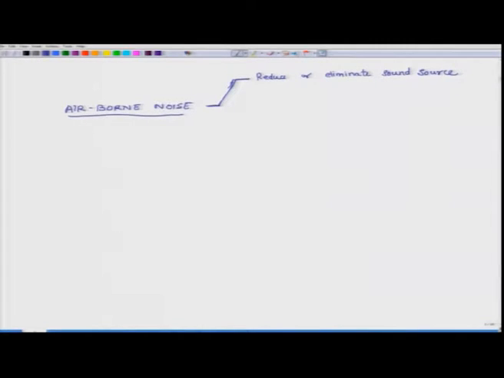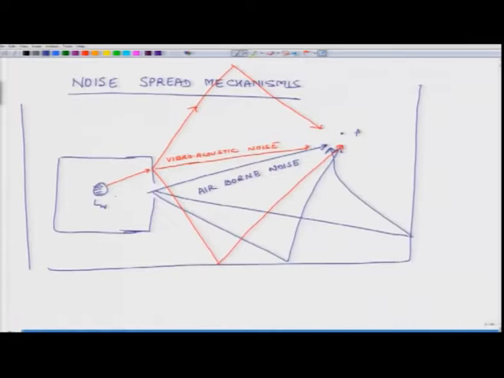The second method is to absorb the noise as it hits walls. So, what does that mean?